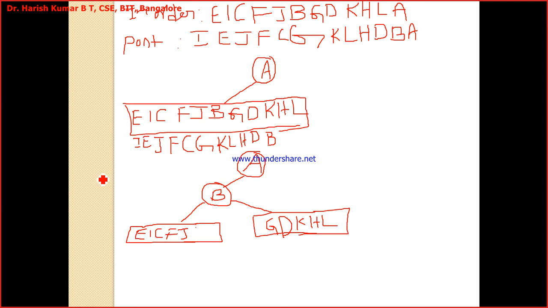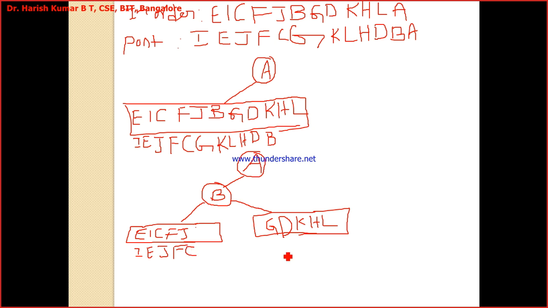And again, I should go for checking the sequence. I'll arrange the sequence as it is in the postorder. Now first I will come, next E, next I, next J will come, next it is F, and next it is C. So 5 characters are there.